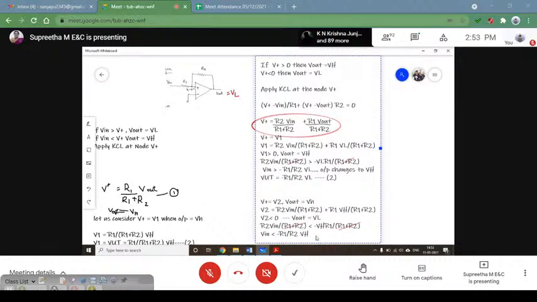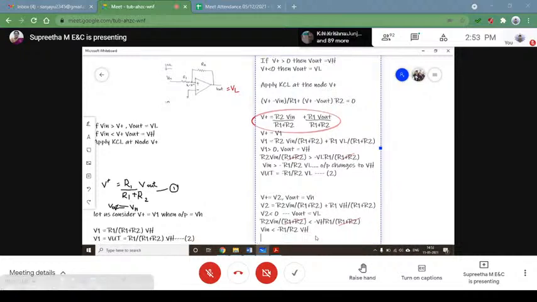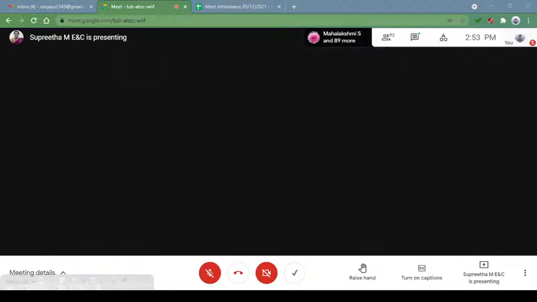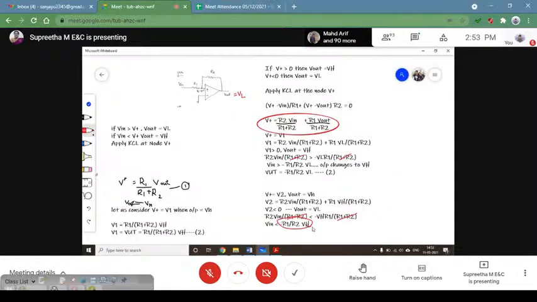Is that clear? So whenever your input voltage is less than minus R1 by R2 into VH, you get the output voltage to be low. So whenever your input voltage is lesser than minus R1 by R2 into VH, can I call this potential, minus R1 by R2 into VH, a lower threshold?